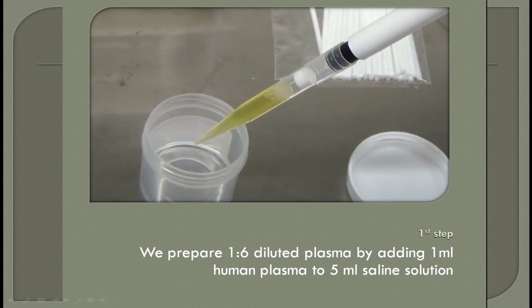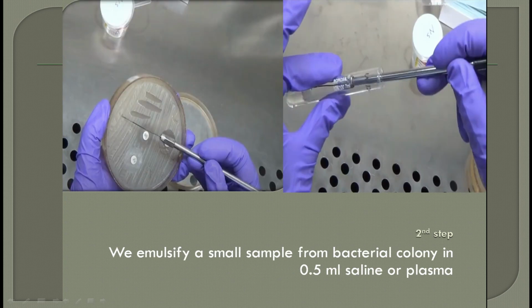So obviously 1 part human plasma in total 6 parts of solution means it is a 1:6 diluted plasma. Are you getting me how it is 6 parts? 1 ml of human plasma, 5 ml of saline solution, total 6 ml of entire solution. Within that you only have 1 ml human plasma, so the dilution factor is 1:6. This is how we prepare 1:6 diluted plasma.